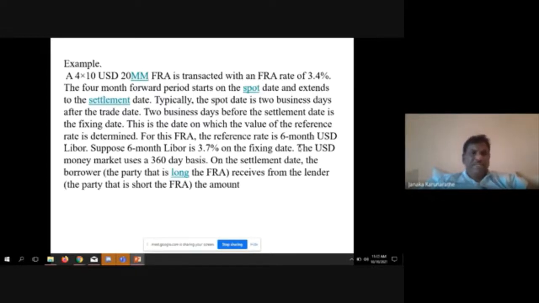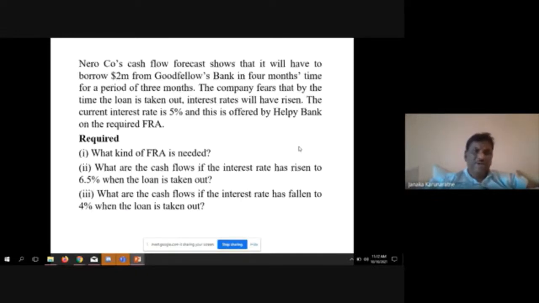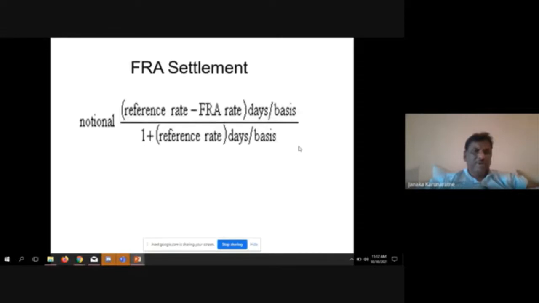The US money market uses a 360 days basis. Since it is US, we follow 360 days, but if it is in Sri Lanka, we go by 364. On the settlement date, the borrower, the party that is long on the FRA, receives from the lender the amount equivalent to, remember our formula, notional principal times reference rate minus FRA rate and so on.